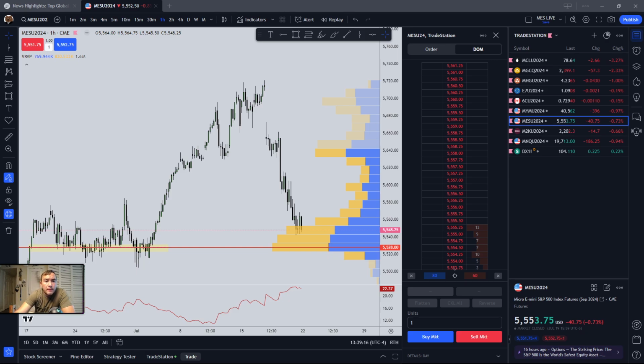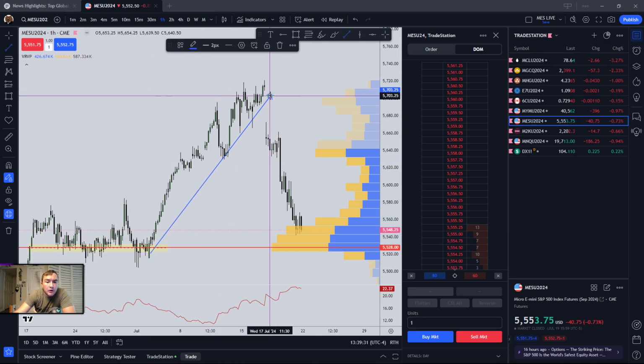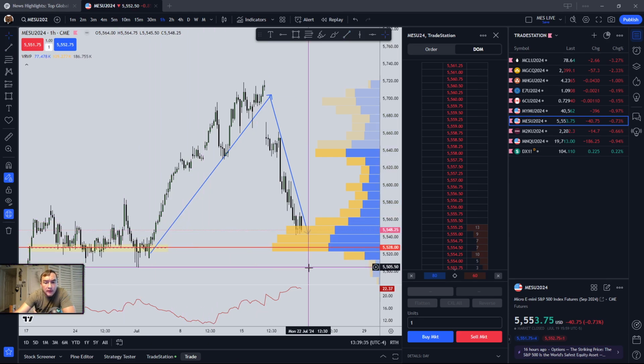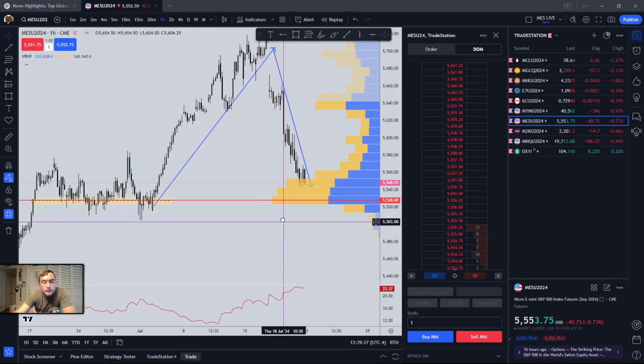So when the micro ES here spent a lot of time around that 5,528 or that point of control, market participants found that that was a relatively fair price for quite a bit of time. Notice that after the market made a rally higher, when some uncertainty came back in the market, we're going right back down to where the market previously found that there was a fair price.